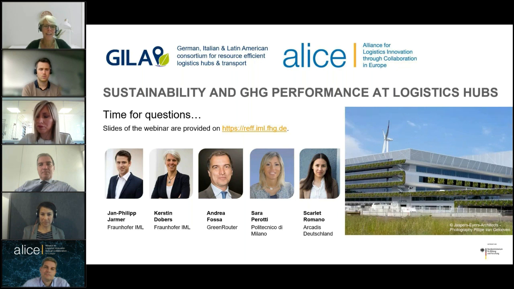Or to what extent can a hub facilitate greenhouse gas reduction strategies of the transport going in and out? One very hot topic is the provision of charging infrastructure for e-vehicles, because we have a low infrastructure for e-charging facilities, and we most likely need every hub to support the transition to electric trucks or electric vehicles in general.